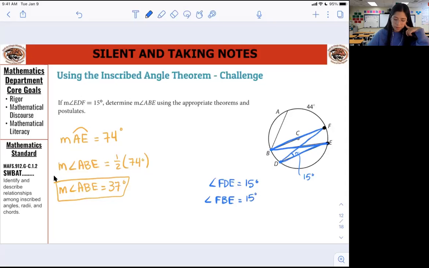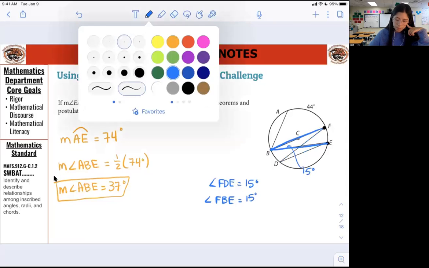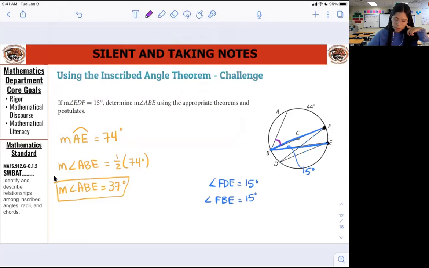So if that's 15, we're just missing this part right here. And how much is this part right here?